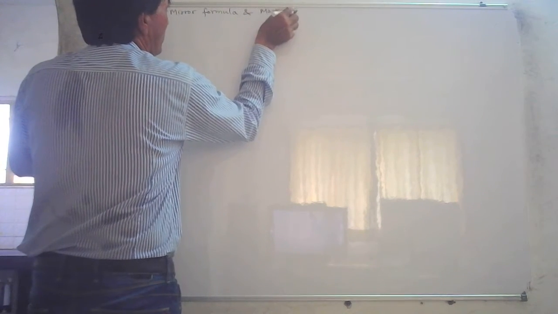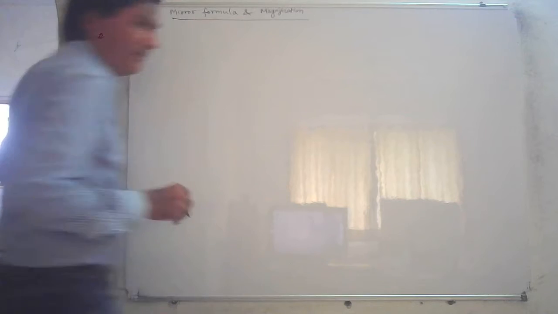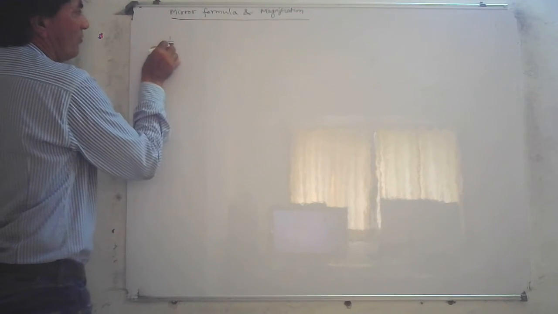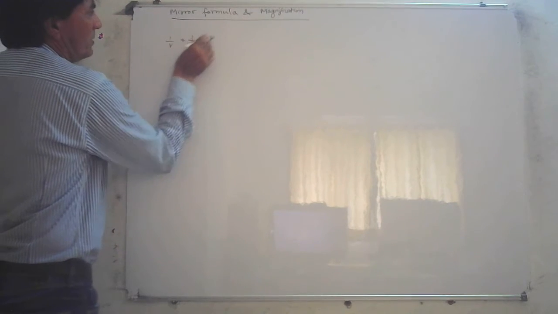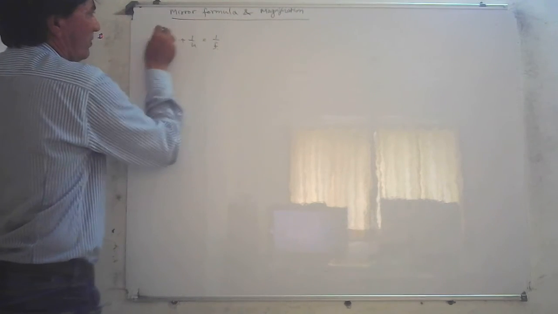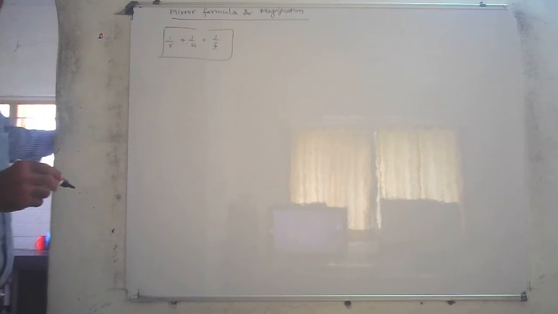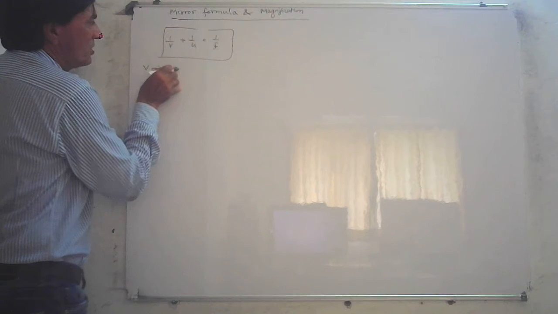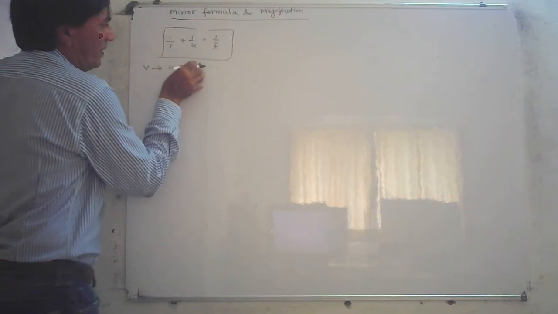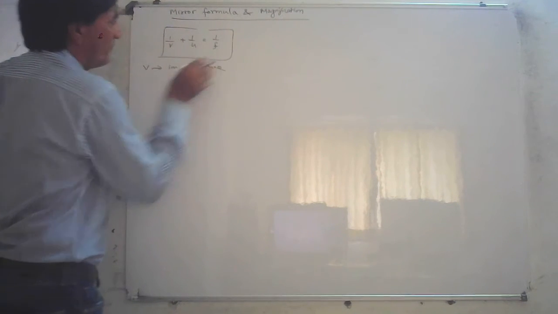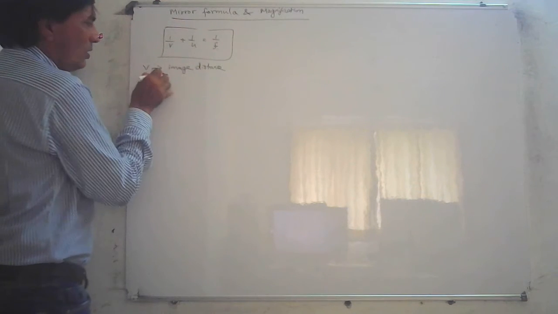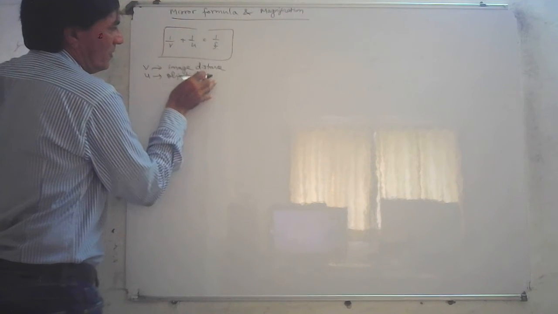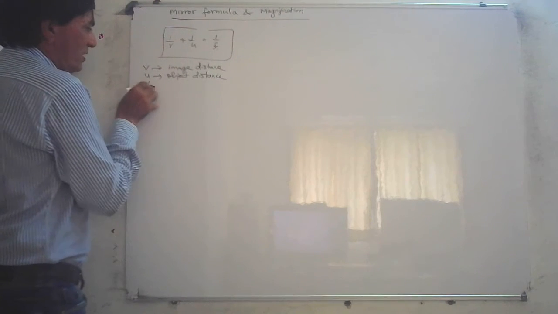The mirror formula is simply this: 1 upon V plus 1 upon U is equal to 1 upon F, where V is the image distance, U is the object distance, and F is the focal length.